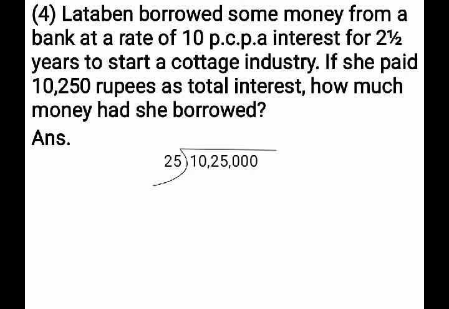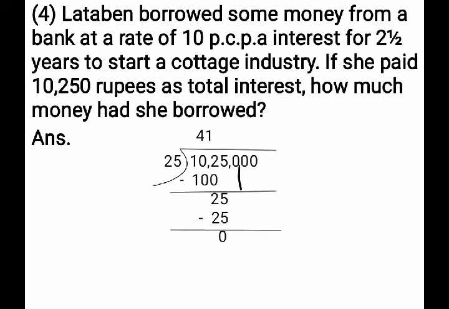25 fours are 100. 102 minus 100, how much? 2. 5 you have to bring down. When you are dividing, only one digit you have to bring down, and then you have to divide. 25 ones are 25. 25 minus 25, 0.